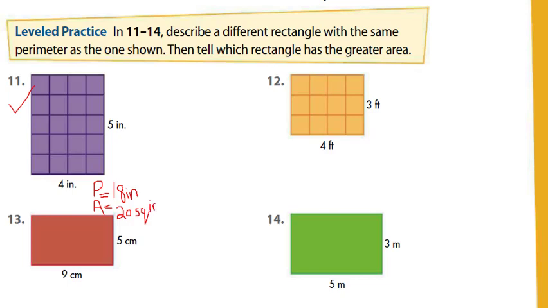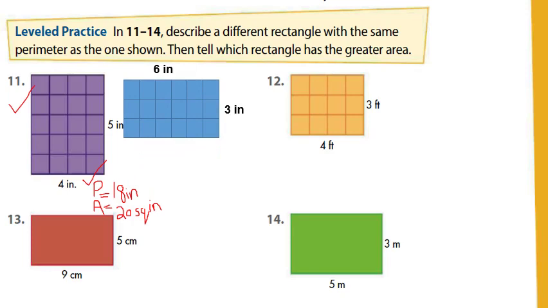Now we have to draw another rectangle with the same perimeter as this. So here I have mine. You can draw any rectangle, meaning you can choose any number of squares per row or per column, but the perimeter must be 18. So let's find the perimeter for this blue rectangle.